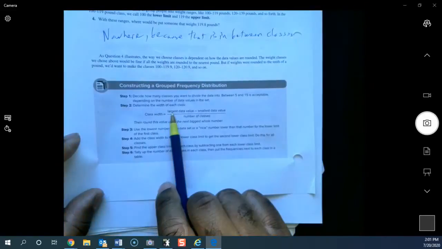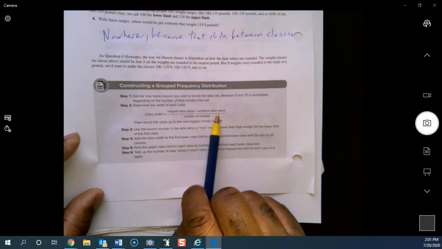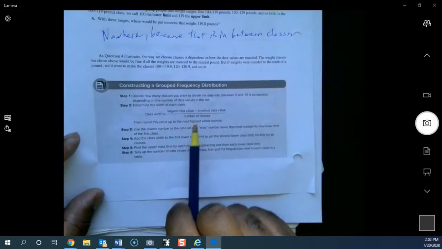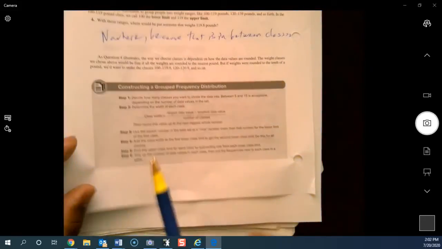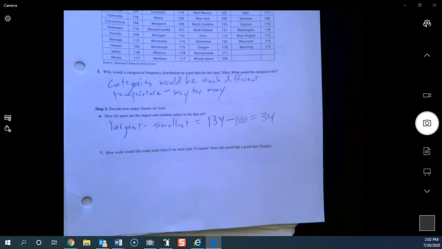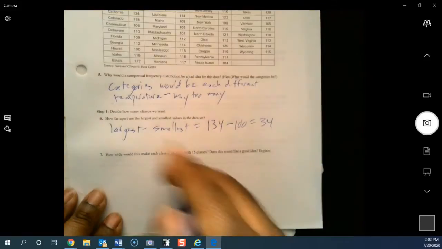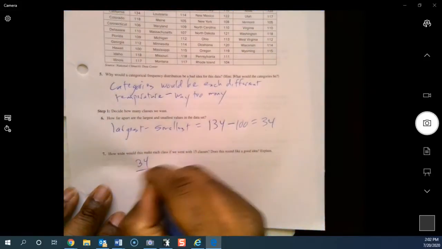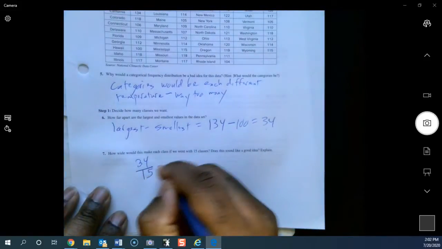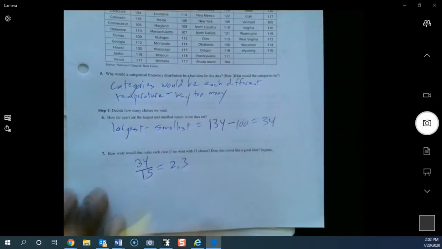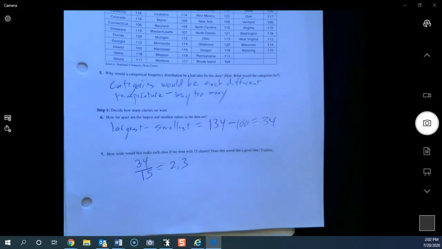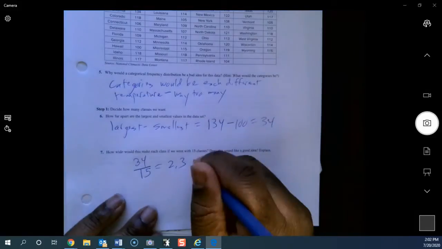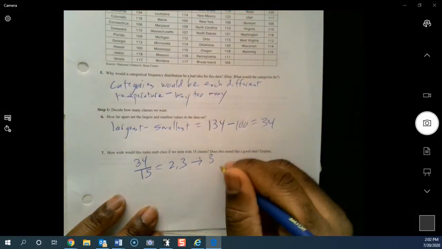The class width is the largest data value minus the smallest data value, and then we would divide that by the number of classes. So we already have the largest minus the smallest, which is 34, and we want 15 classes, which would come out to be about 2.3. Now, that will lead us to 3 as our class width.